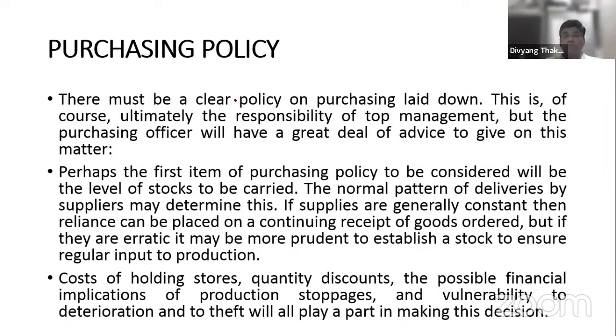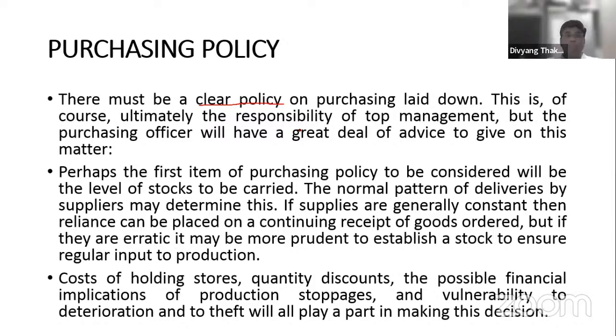So as I said, there should be a clear policy. Because when you don't have a clear policy, when you are negotiating with your suppliers, you will not know what to tell them. Whether you can give them credit, if you want to buy things on credit, that is, you won't be paying them immediately but after a certain time.